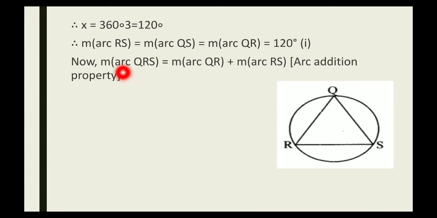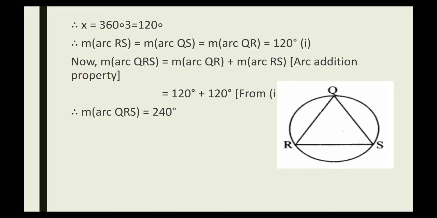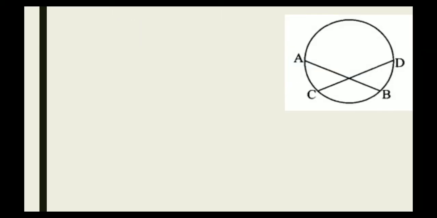We have to find arc QRS. This QRS is a formation of two arcs, arc QR and arc RS. So we are going to do arc addition property. We will do 120 plus 120, that is equal to 240 degrees, and we have found the value.